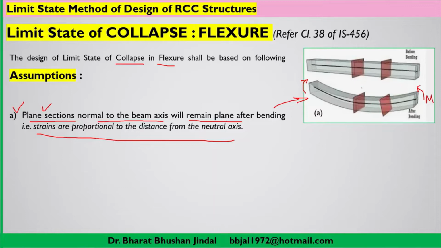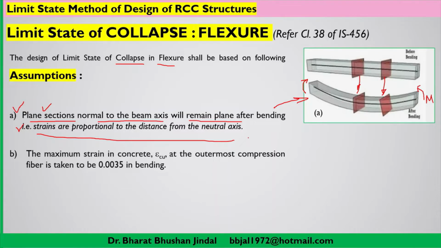Now you can see that before bending as well as after bending, these sections which were normal to the axis of the beam will remain plane. That means there will not be any bending in the section which is perpendicular to the axis of the beam. That's why we are taking this first assumption, so that we can utilize the theory that strains are proportional to the distance from the neutral axis.